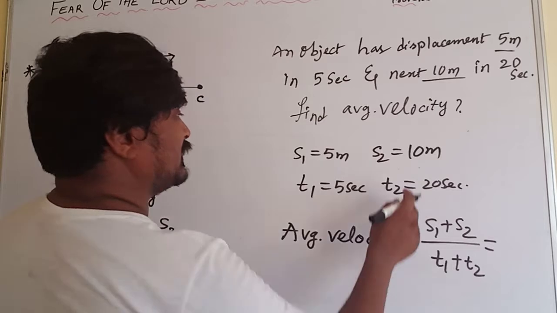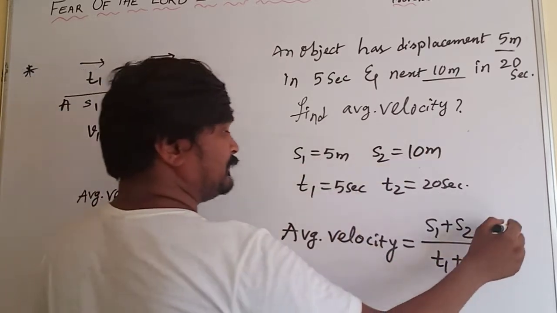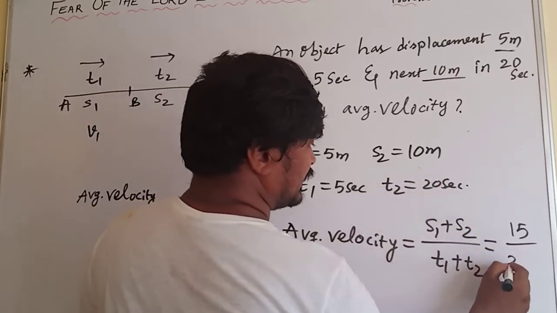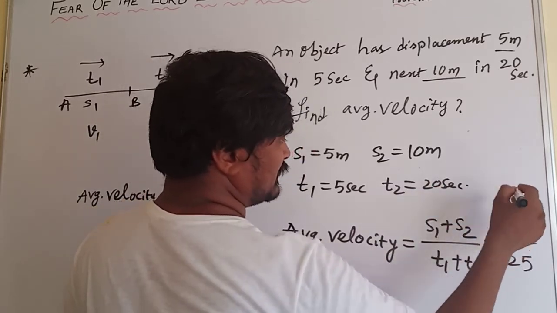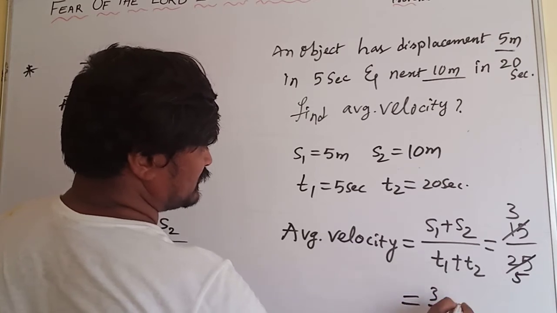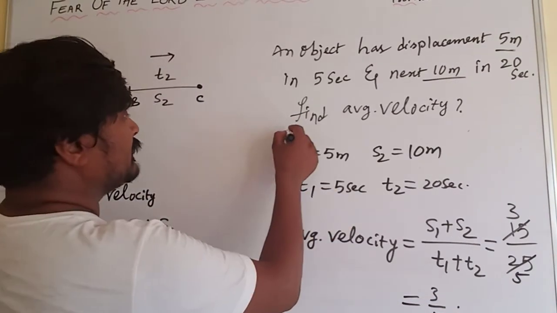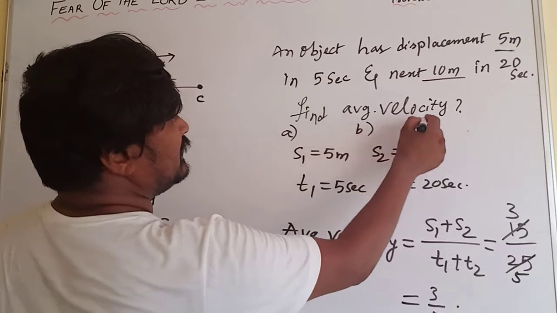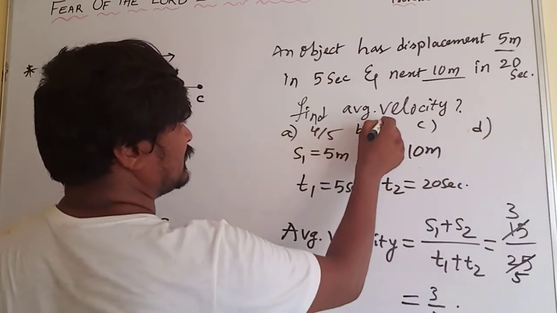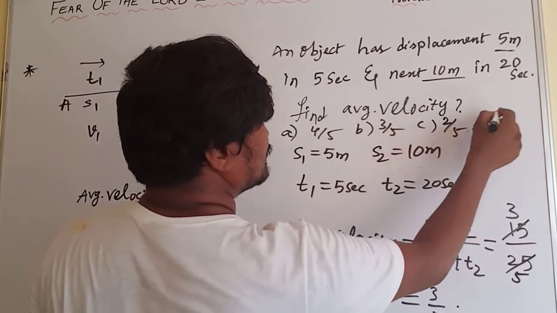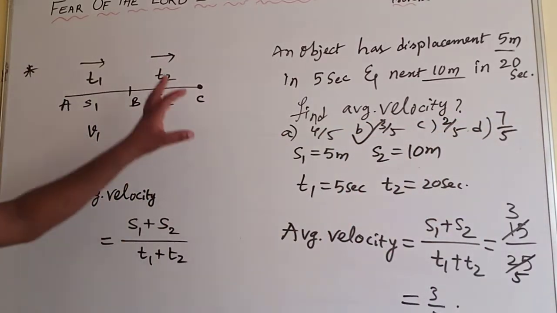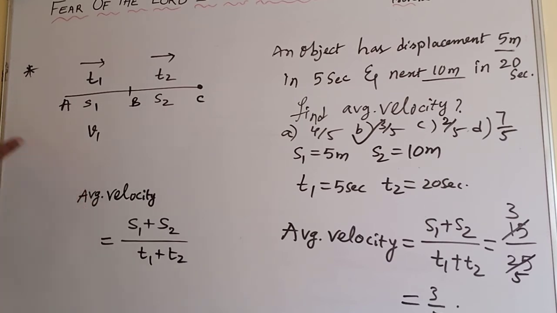S1 plus S2 means 10 plus 5, 15, upon T1 plus T2, 5 plus 20, 25. So 5 threes are 15, 5 fives are 25, so we can write 3 upon 5. In ABCD, they may give options like 4 by 5, 3 by 5, 2 by 5, 7 upon 5. So what is your answer? 3 upon 5. In this way you have to solve it.